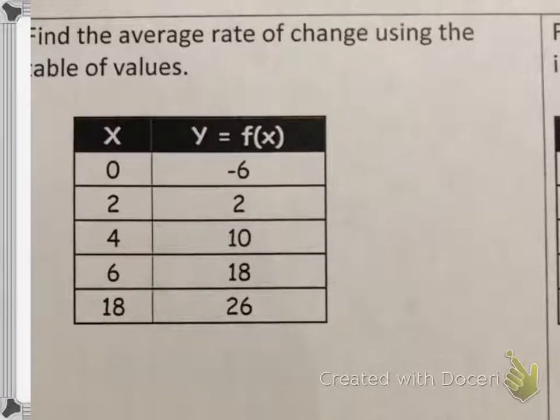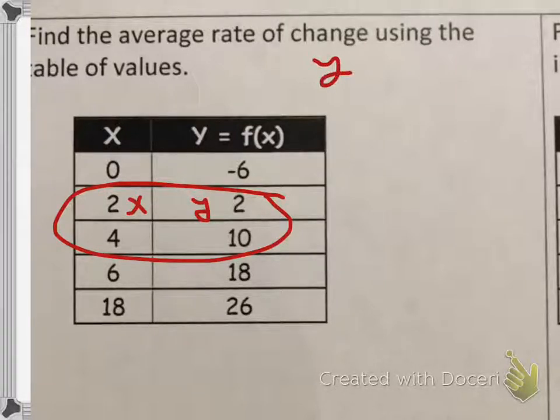This says find the average rate of change using the table of values. What we're going to do here is just find the slope between two sets of points. So just pick any 2 points. It doesn't matter which one. These are your x's, and these are your y's.